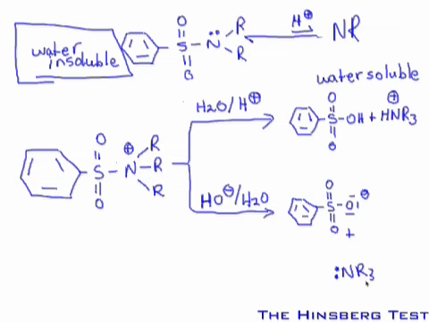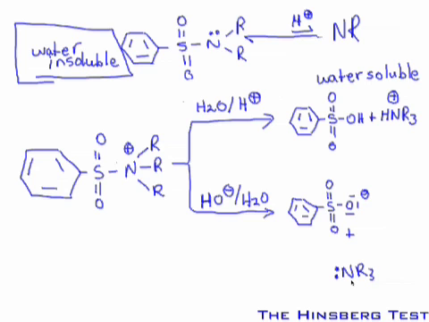If the R groups are small, like methyls, the amine will be water soluble. And so everything will look water soluble because the benzene sulfonate definitely is water soluble. However, if this amine has larger R groups, like butyl groups off of it, the longer carbon chain, you can make the amine insoluble, so that's not water soluble. In that case, it will look insoluble. So it really depends on the nature of the NR3+.